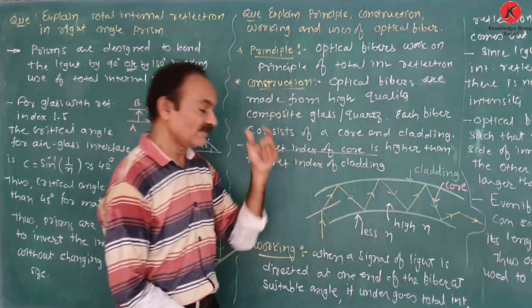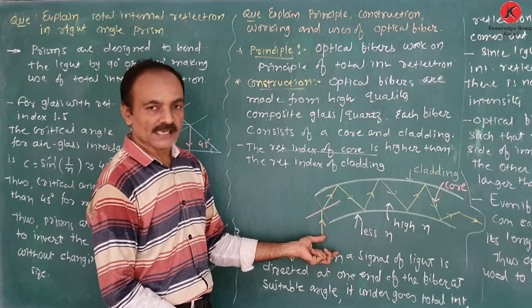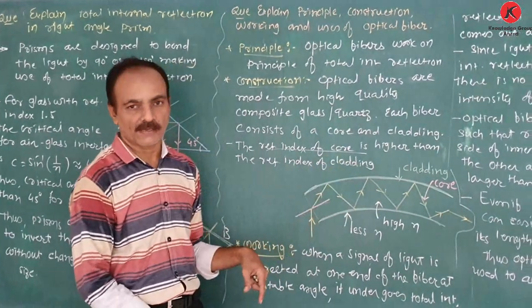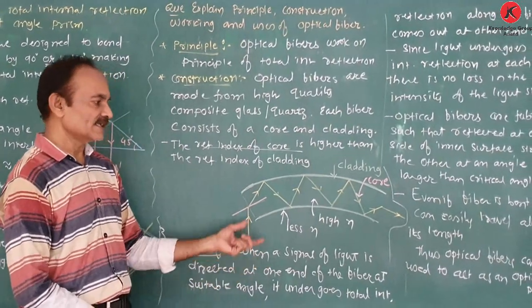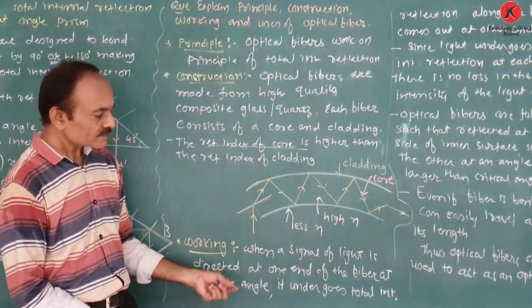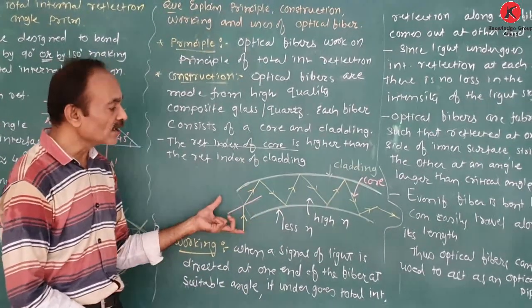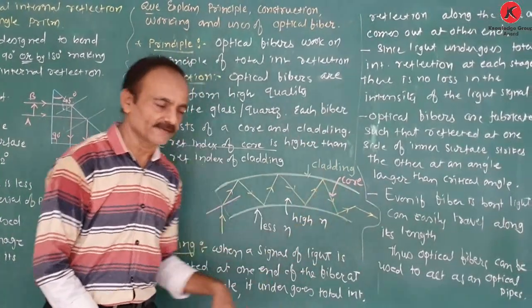Okay, there is a very thin cylinder, one type of. So when the signal of the light is entered at one end of the optical fiber at a certain angle with the fiber, it undergoes total internal reflection along the length of the fiber and comes out at the other end.